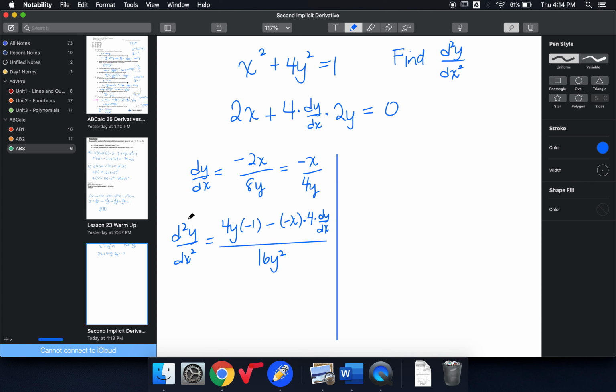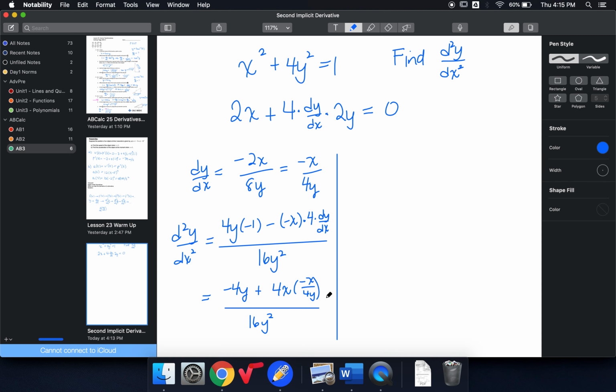So now if I want the second derivative, I don't want it in terms of the first derivative, so I'm going to go in and replace my dy dx with my formula for dy dx. So I'm going to have negative 4y plus 4x times negative x over 4y, all over 16y squared.